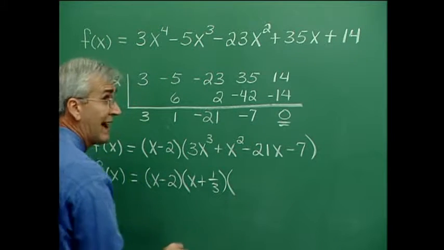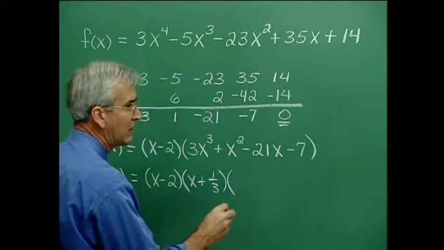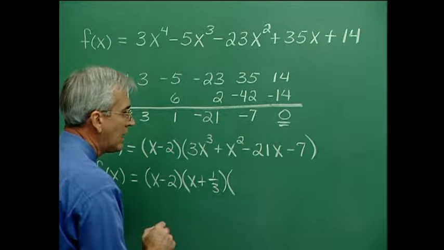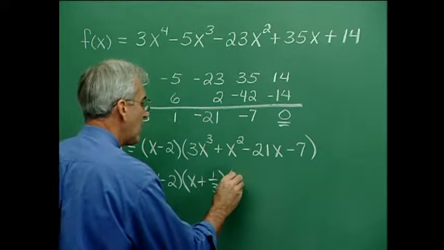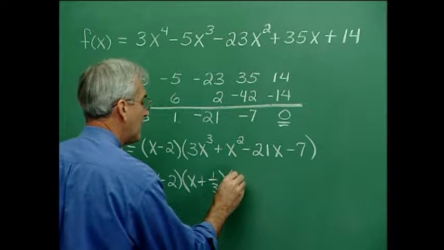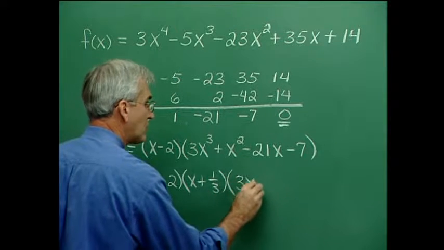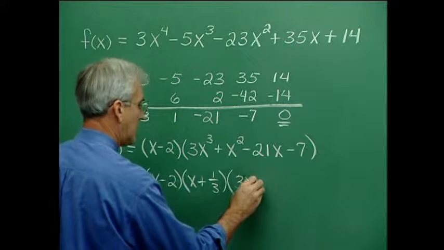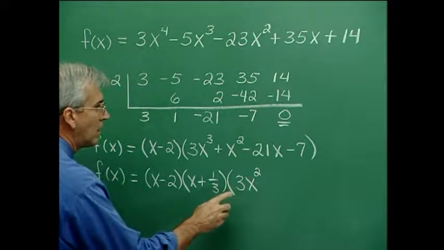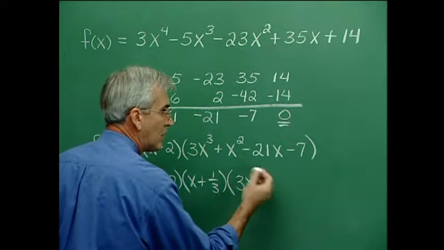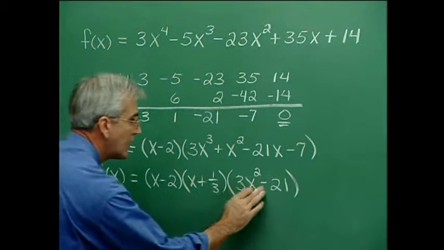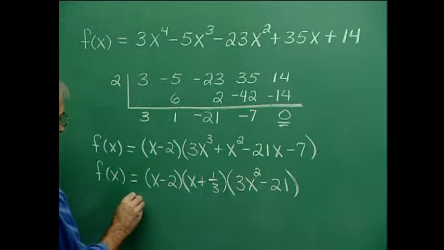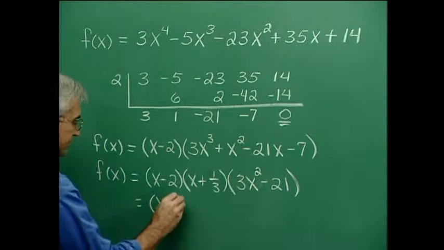And another factor, not linear, we get by looking at the entries at the bottom of the synthetic division. There was a 3, a 0, and a negative 21. So it's 3x squared, and then 0x, and then minus 21. All right, notice the common factor 3 here. I'll snag that 3 out of there.